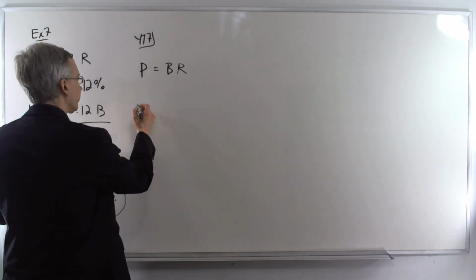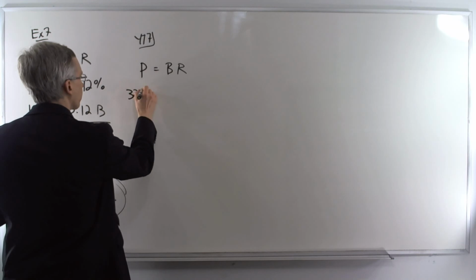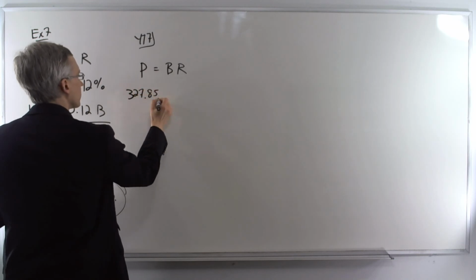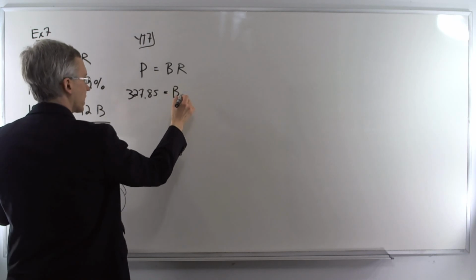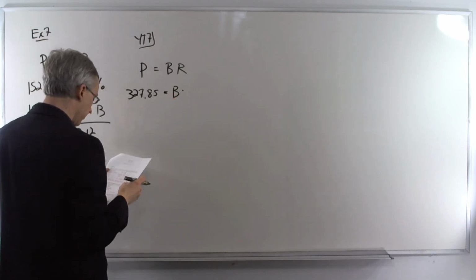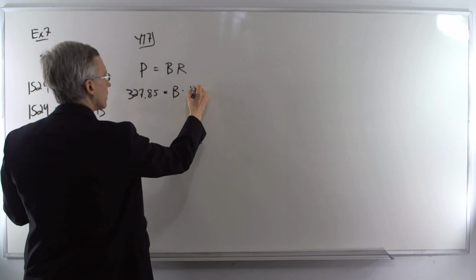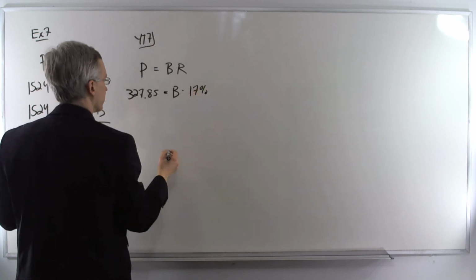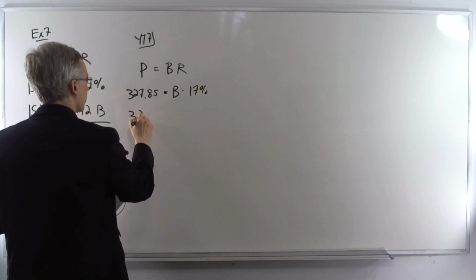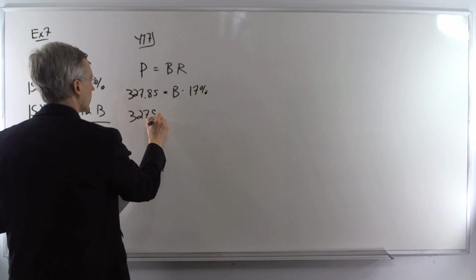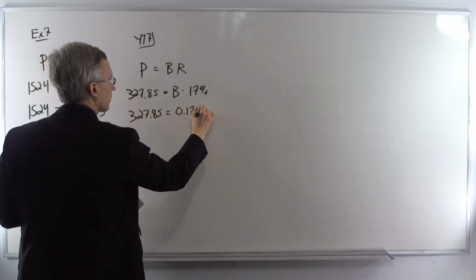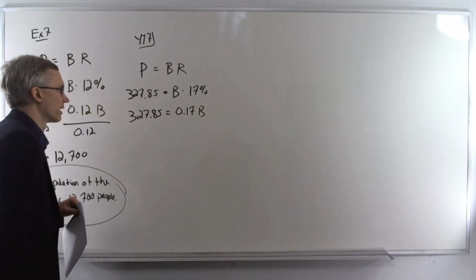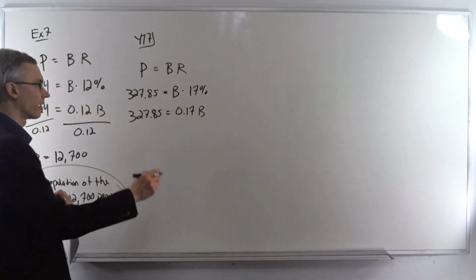So $327.85 goes into the part. Our total salary is the base, so that's going to stay a variable. And then we got 17%, and 17% is 0.17, so you got 0.17b on the right.